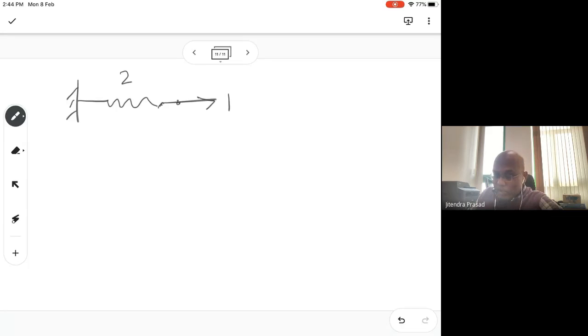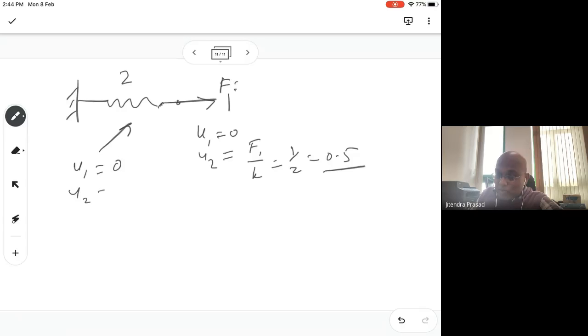So your U will be, in this case, U1 equal to 0, and U2 will be equal to F over K, which is 1 over 2, 0.5. Got it? So the solution of this problem is U1 equal to 0, U2 equal to 0.5. This is what the solution is.